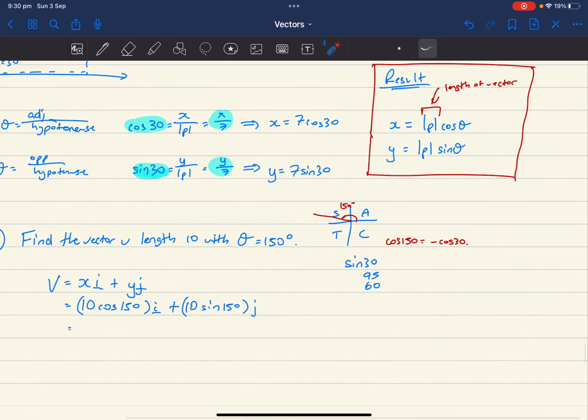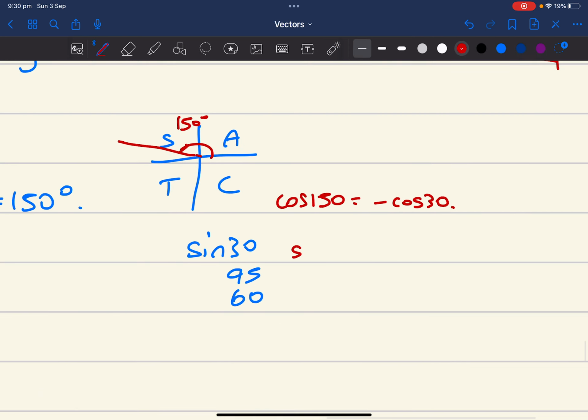If I do the same thing for sine 150, I can see sine 150 is already positive in S, right? Which means that when I find the relative angle, which is still 30, right? Then it's going to equal sine 30. So I don't need the negative because sine is positive in both this quadrant and this quadrant, right?